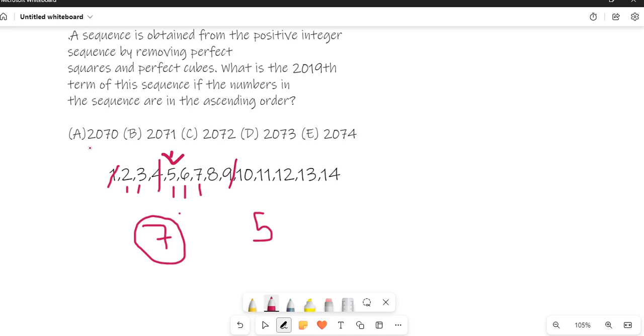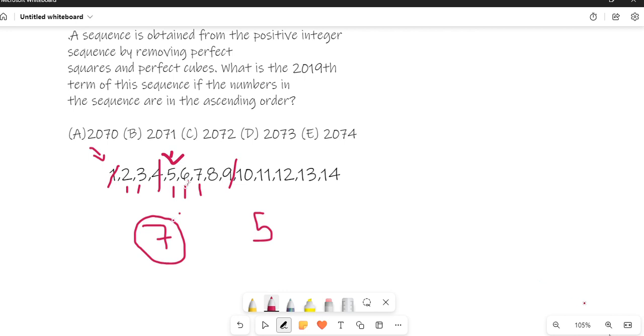We add those digits because when we remove the perfect squares from the given sequence of natural numbers, the sequence will automatically move forward all the digits, because now the sequence will start from 2, not 1. And if we count five digits from 2, then we will reach 7, because 4 is also removed.